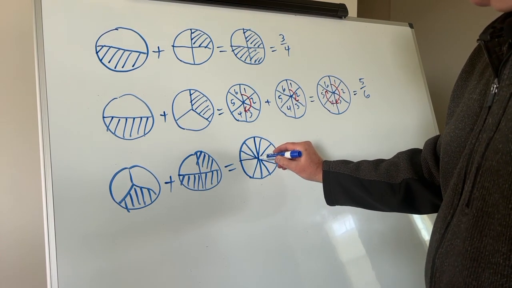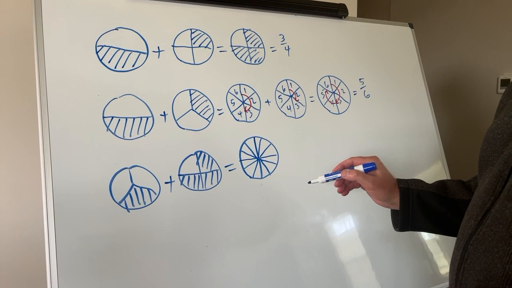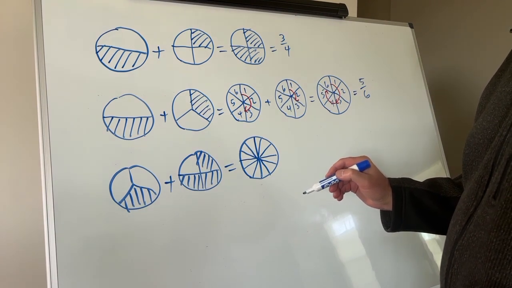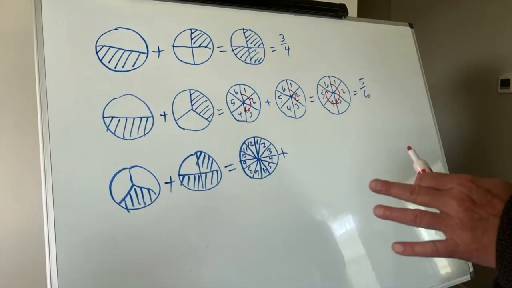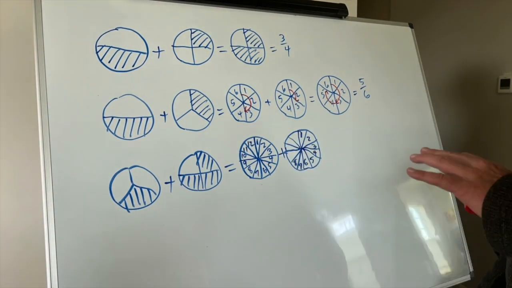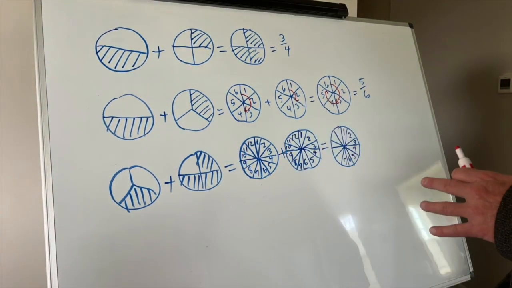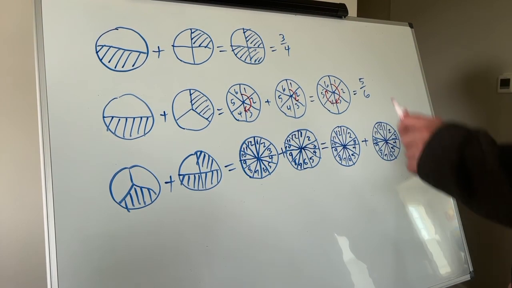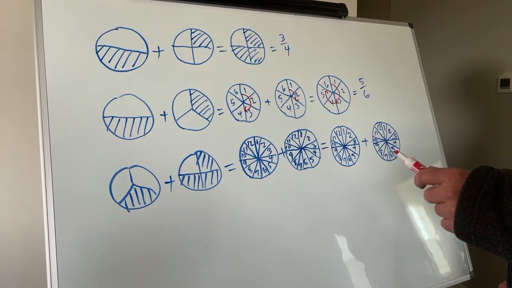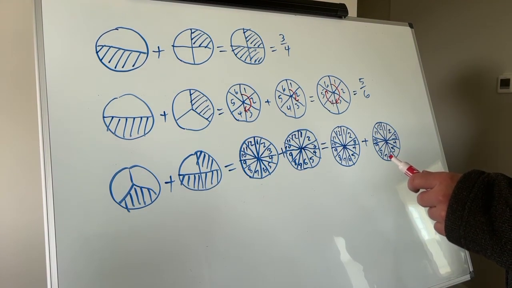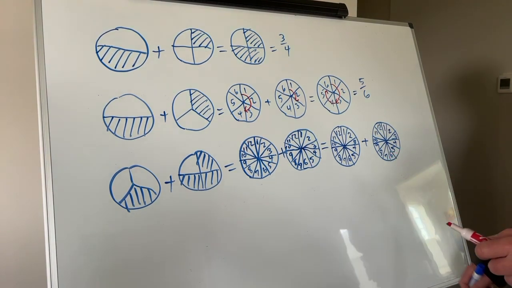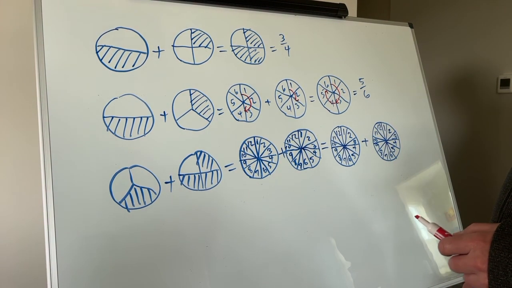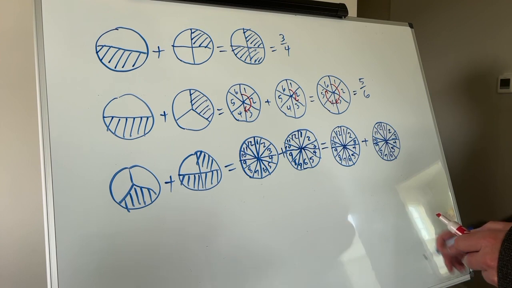And then this is starting to get to be a lot of work. Okay, so that's done. So we've got the circle divided in proportions of 12.